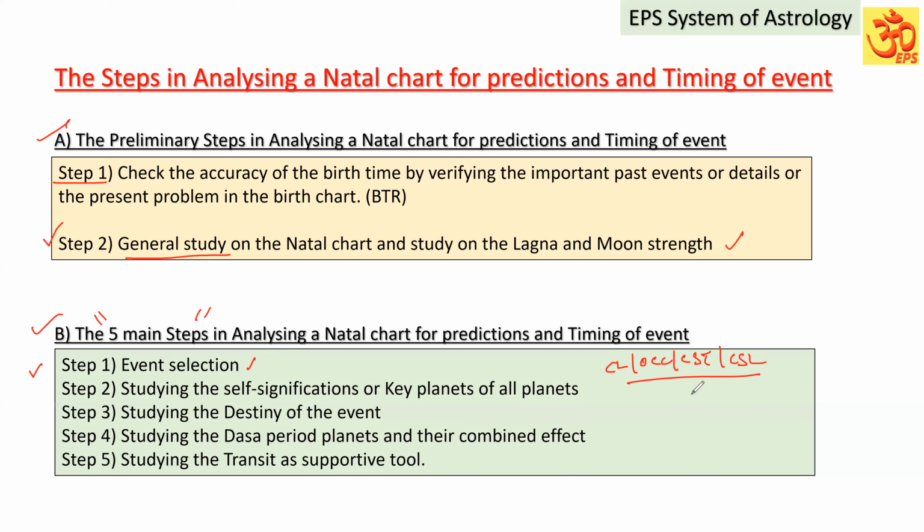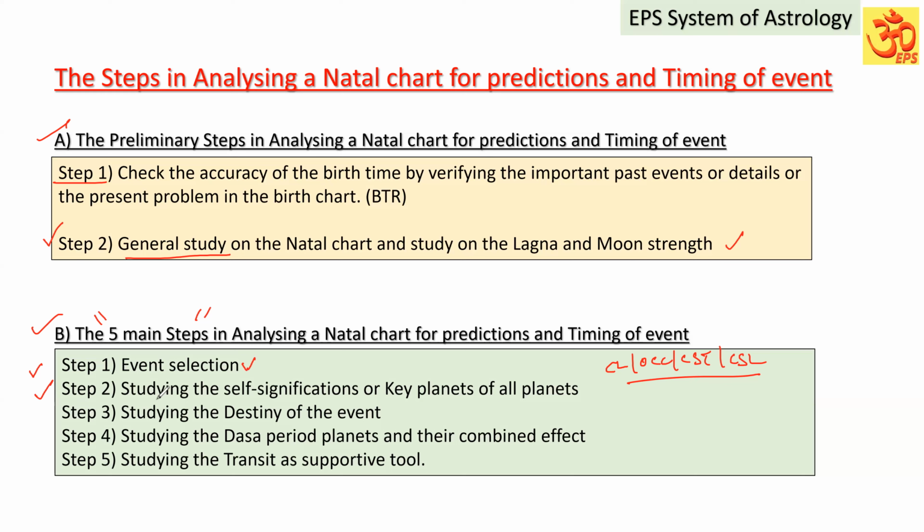So their favorable houses and unfavorable houses will vary depending on the event. So for our better analysis, if the houses signified by the planet are colored according to the favorable and unfavorable houses, that will be easier for identification of the favorable and unfavorable, and also for analyzing that planet. So first, you have to choose the event from the software.